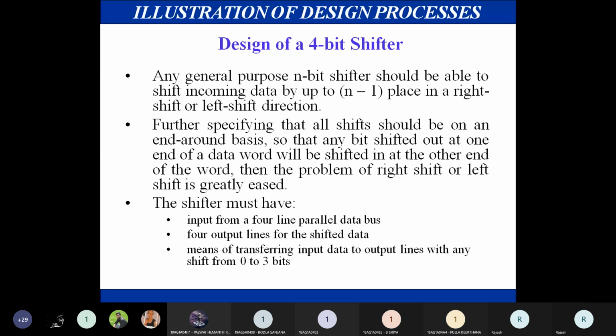So for the shifter, you have to give the input from a 4-line parallel data bus. Say a 4-line data bus will give input to the shifter, and that shifter can give 4 output lines for the shifted data. Once it is shifted, you have to read that data.